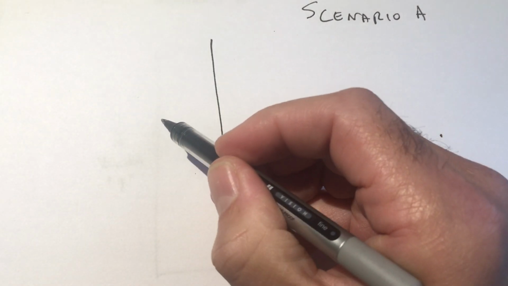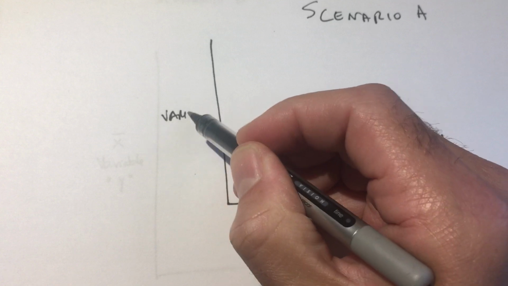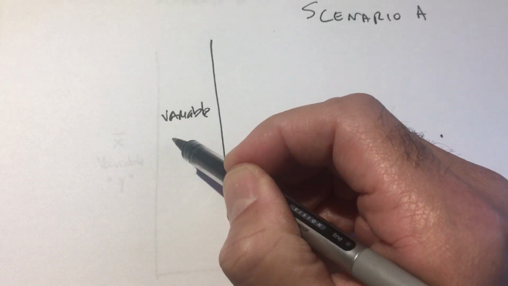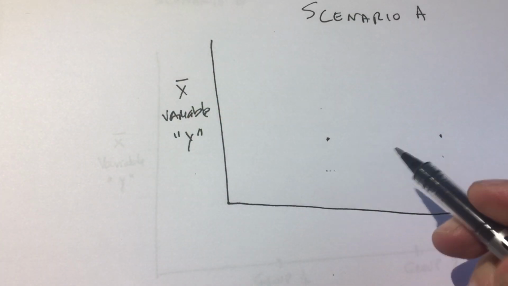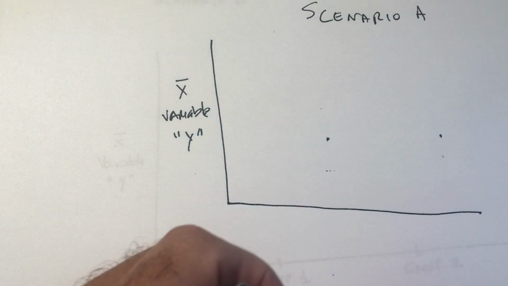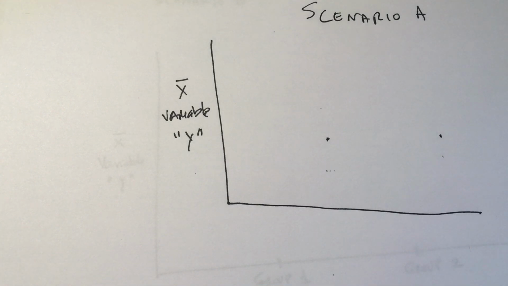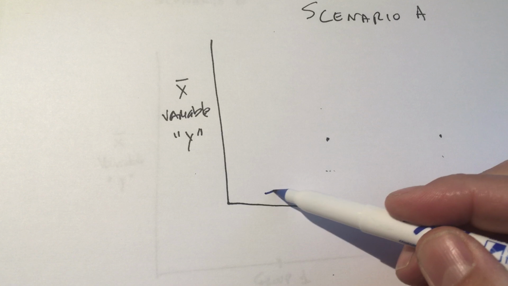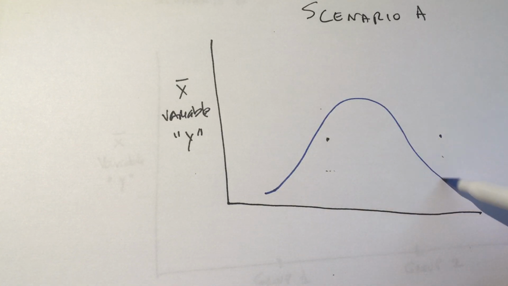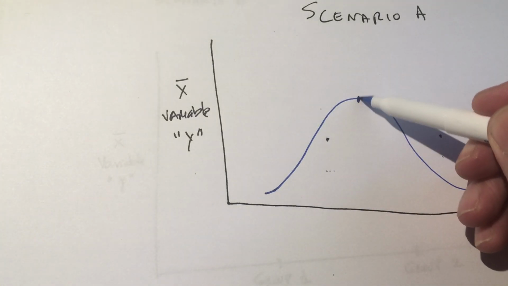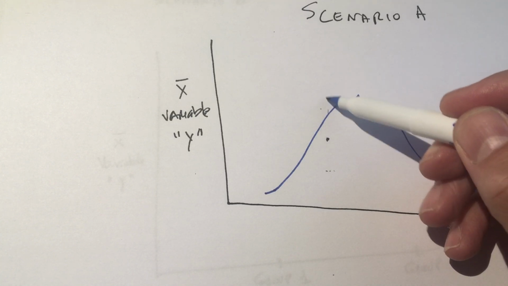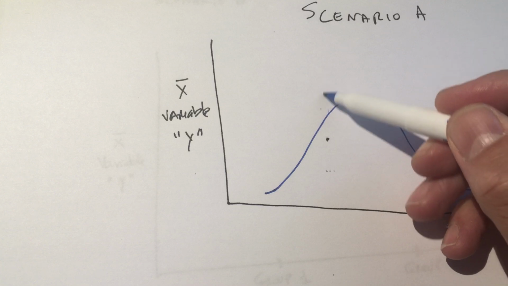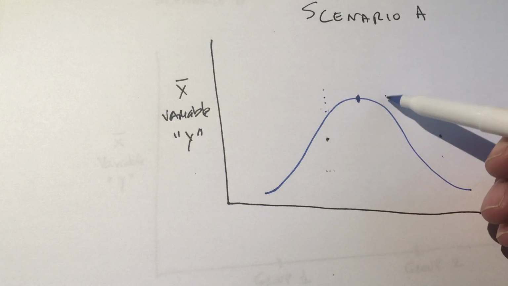I have the mean of variable y, and instead of dividing it into groupings, I'm just going to represent group 1 with the blue line, and we're going to say that the mean is around here, and we're 95% confident that the true value is within these parameters.